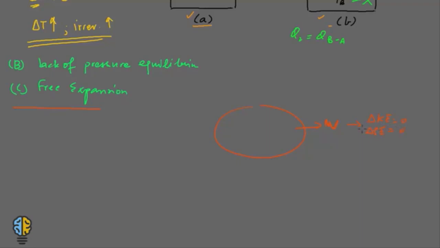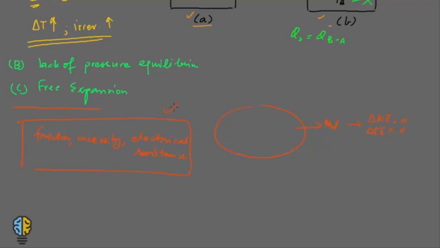Whatever work is done is transformed into the molecular internal energy due to effects like friction, viscosity, or resistance, and this resistance is the electrical resistance. All these phenomena produce the irreversibility due to the dissipative effects.